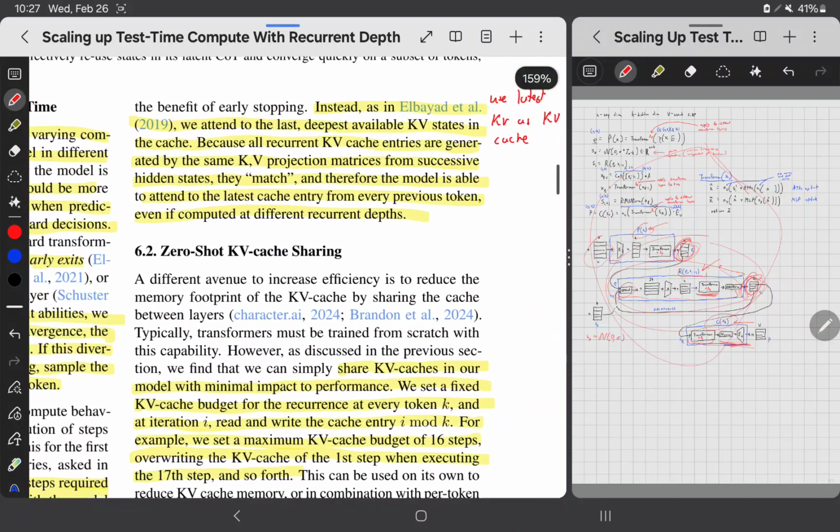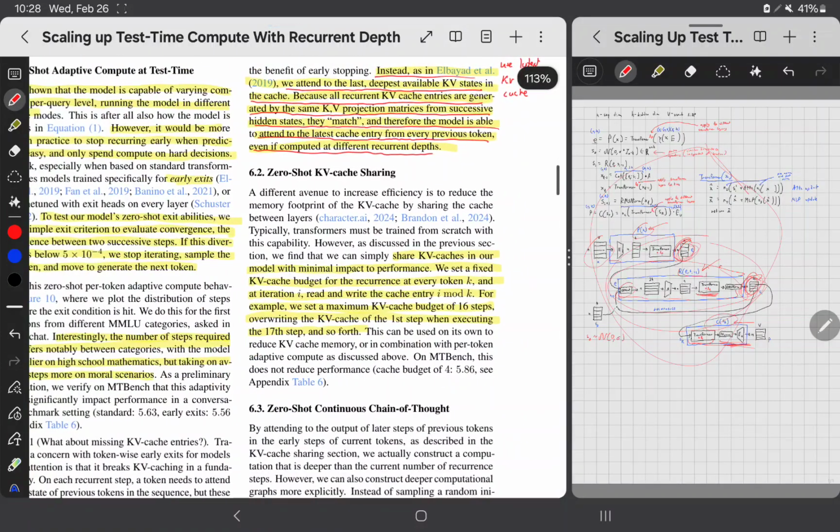They mention instead, they just attend to the last deepest available KV state in the cache, because all recurrent KV cache entries are generated by the same KV projection matrices from the successive hidden states they match, and therefore the model is able to attend to the latest cache entry from every previous token, even if computed at different recurrent depths. So it's not a problem, but they mention it here just because that's something I kind of thought of, like, oh, what about the KV cache for each iteration? They just use the last KV cache and it works fine.